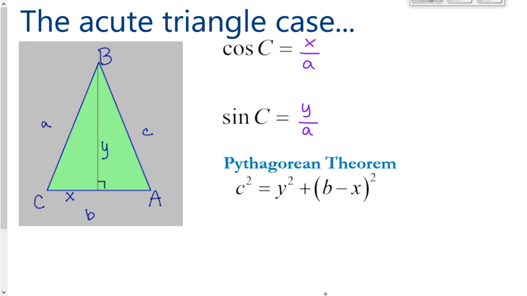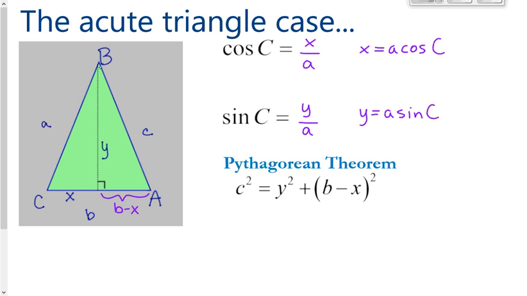Now, if I isolate x in the first equation, I get x equals a cosine C. And if I isolate y in the second equation, I get y equals a sine C. And now I'm going to use the other side of the triangle, so the one on the right here. And this distance right here, because the entire length was b, and we already used x, what remains is b minus x.